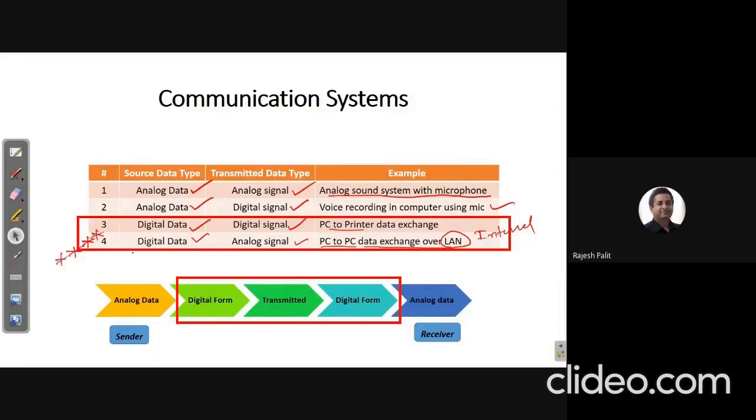Digital data, digital signal is very limited, inside the computer or with computer peripherals like a USB printer. The distance is very limited, at most 1 meter. That's why most USB cables are around 3 feet, at most.